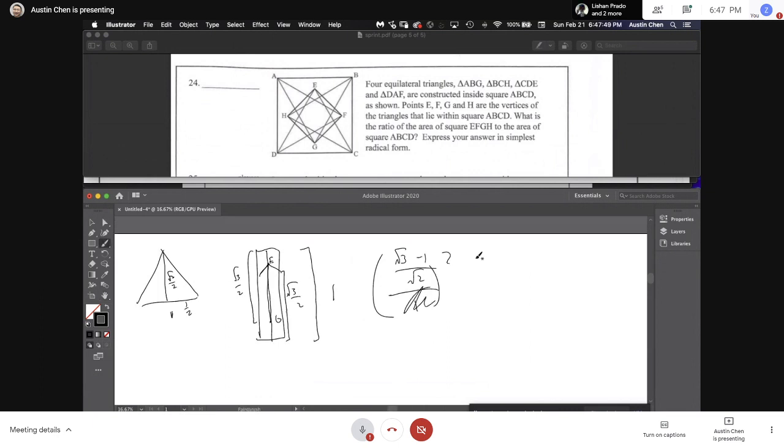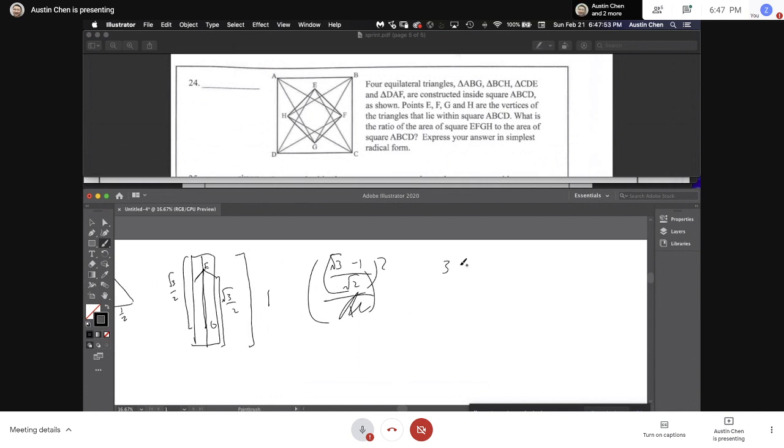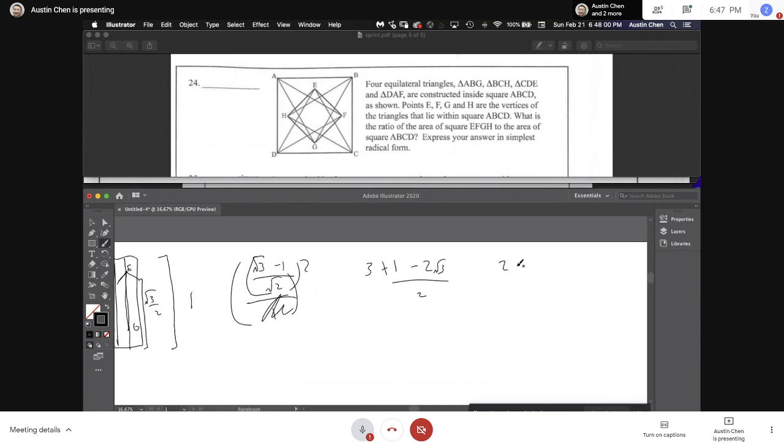But the over 1 does nothing, so we just square this. Squaring that is just going to be 3 plus 1 minus 2 root 3 over 2, which is then going to be 2 minus root 3. And we can check if this is our answer.